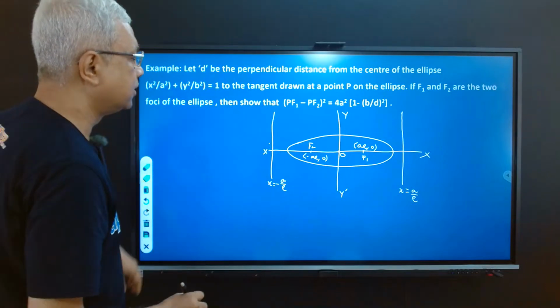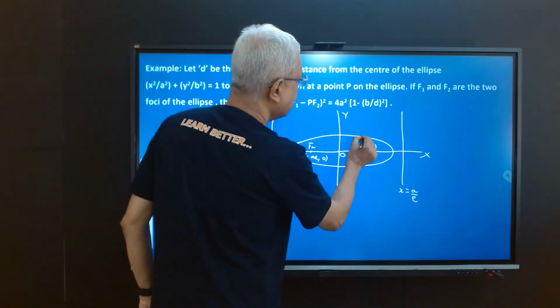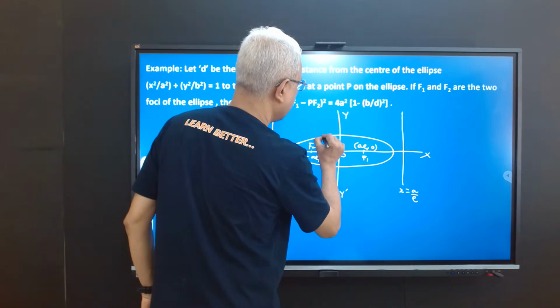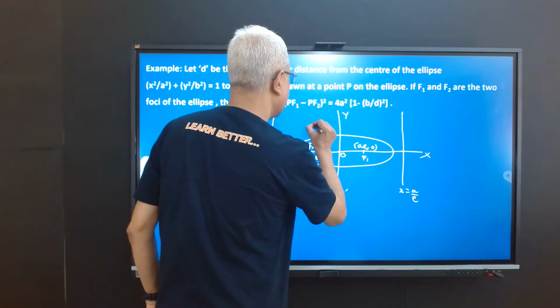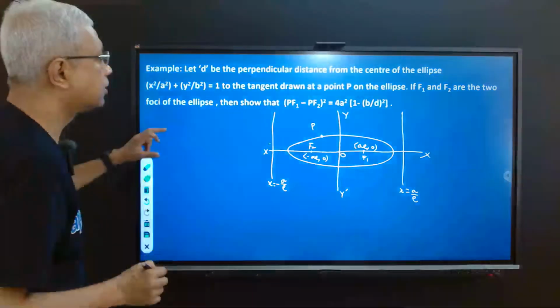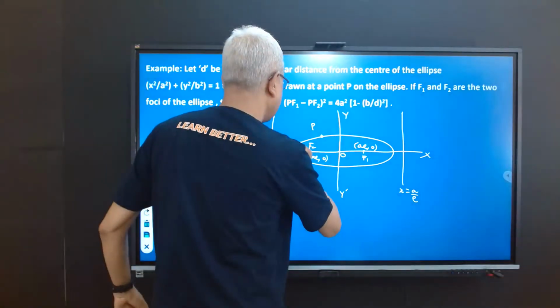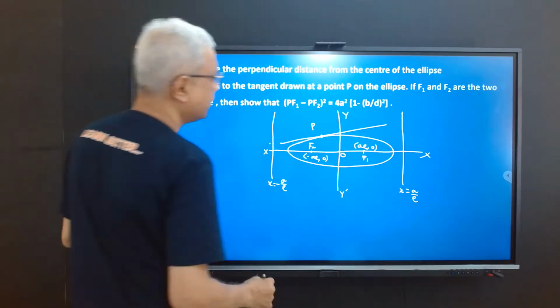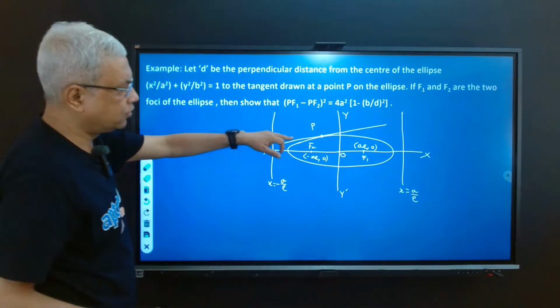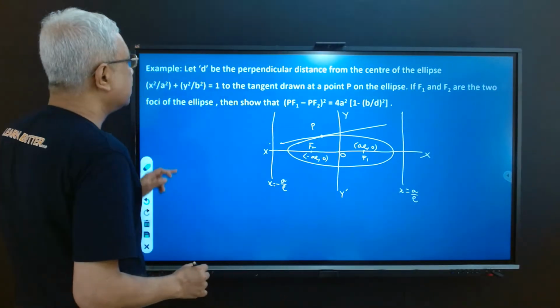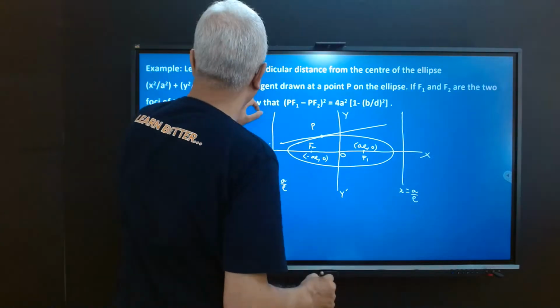And let P be a point. If you draw a tangent to the ellipse at the point P, then what is said?